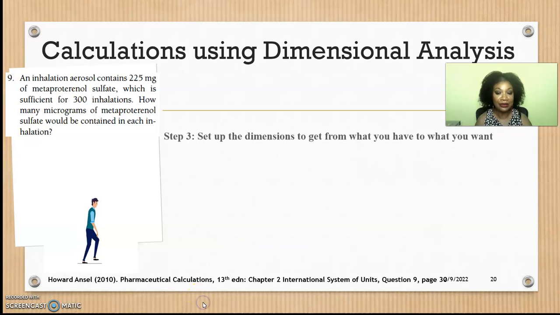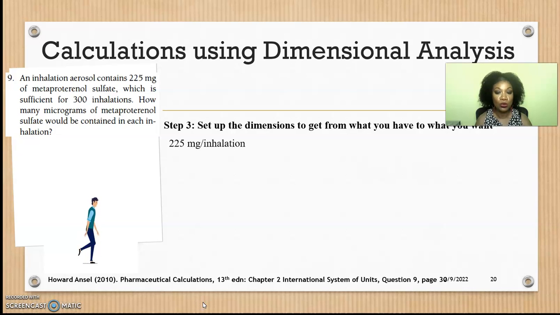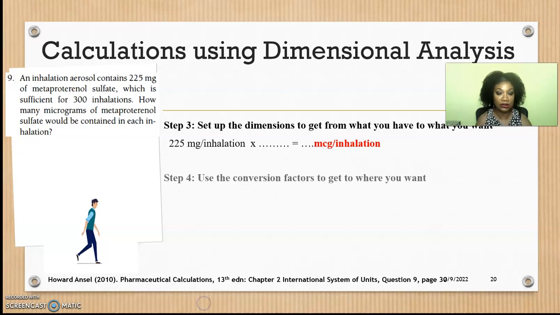So when we set that up, we want 225 milligrams per 300 inhalations times something to give us micrograms per inhalation.